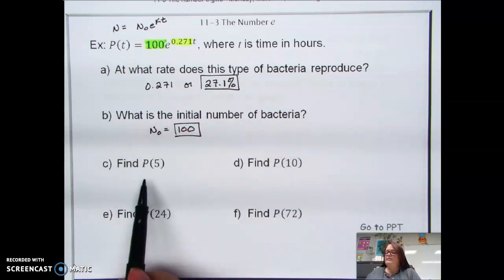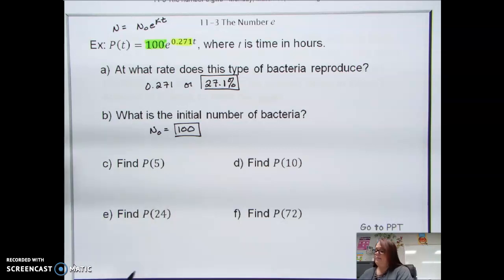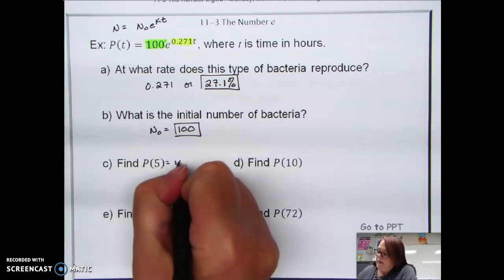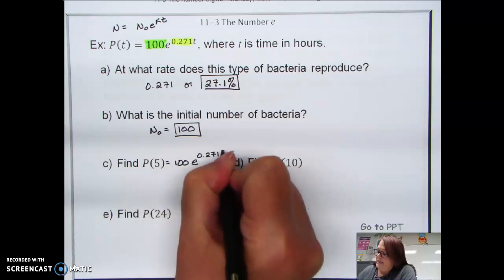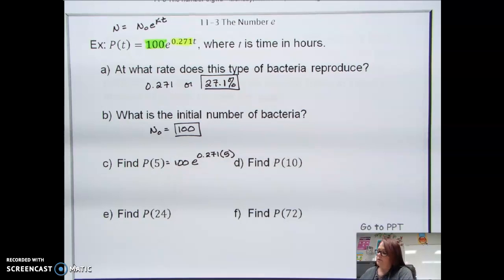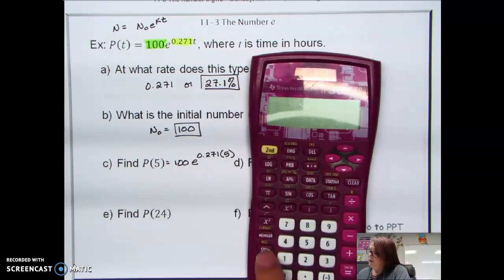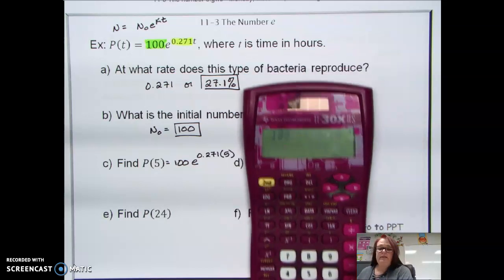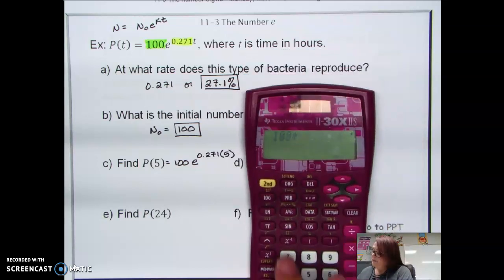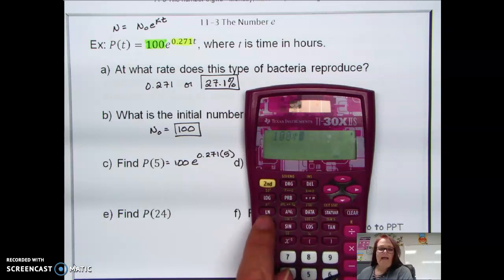And then the question is saying find P of 5. So what this is really saying is how much bacteria will we have after 5 hours? That means we're going to type in 100 times e to the 0.271 t, but t is now 5 hours. And so you're going to want to put parentheses around that exponent. So it's 100 times, and then you'll notice there's this ln right here.